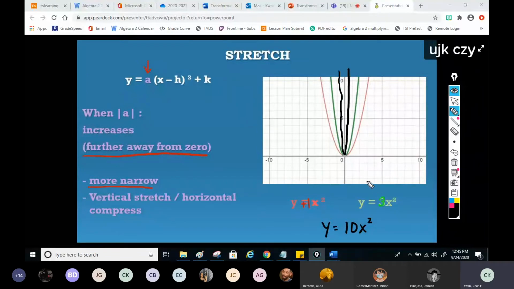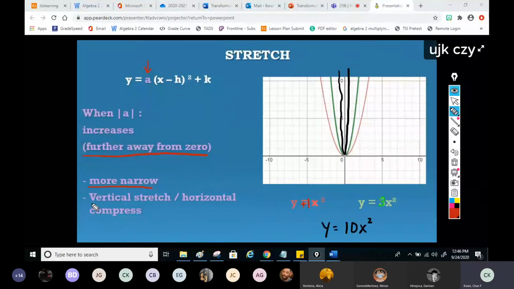It just gets skinnier and skinnier. So that's how the number at the very front changes the graph. It will make it narrow if you increase the number, meaning it goes further away from 0.